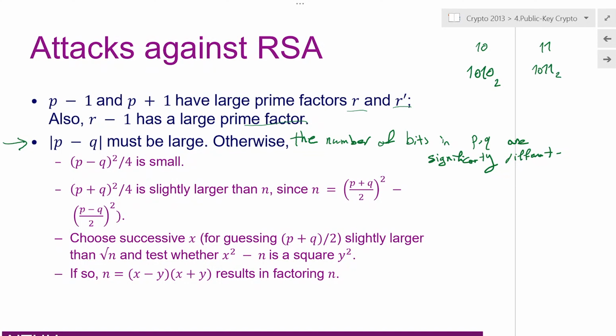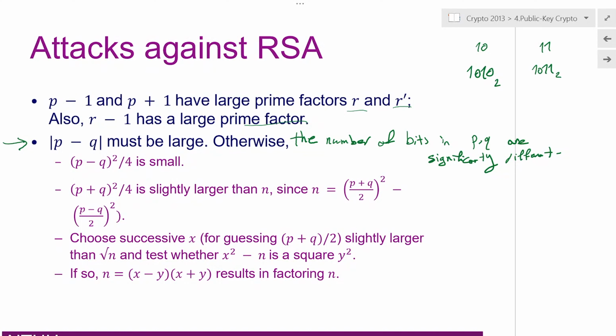When these two numbers are close to each other, the other way around to see them is that their bits are quite the same, right? If you look at them, 1, 0, 1, and then only the last bit is different. So the number of the bits that are in there should be significantly different. That is another way in binary format to see them.